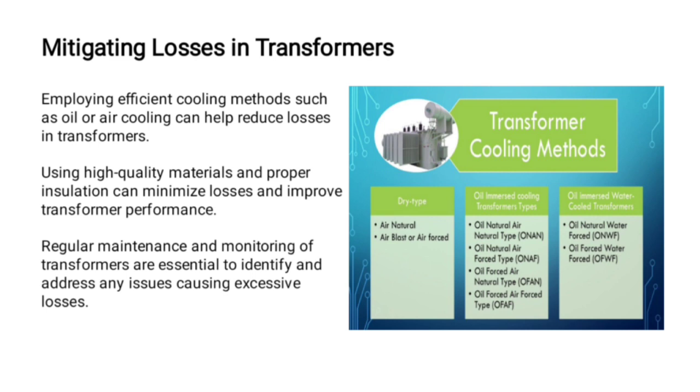Regular maintenance and monitoring of transformers are essential to identify and address any issues causing excessive losses. Through regular maintenance, we can find out if we have any problem in the transformers, and we can solve the problem through regular maintenance and monitoring of the transformer. So this can also reduce losses in transformers.